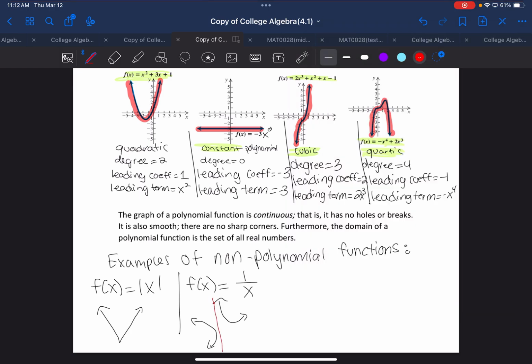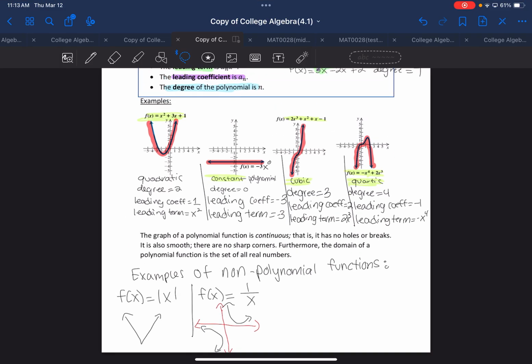I'll draw my axes here. This is a very rough draft. But this was on your library of functions. And it looked something like that for the function 1 over x.